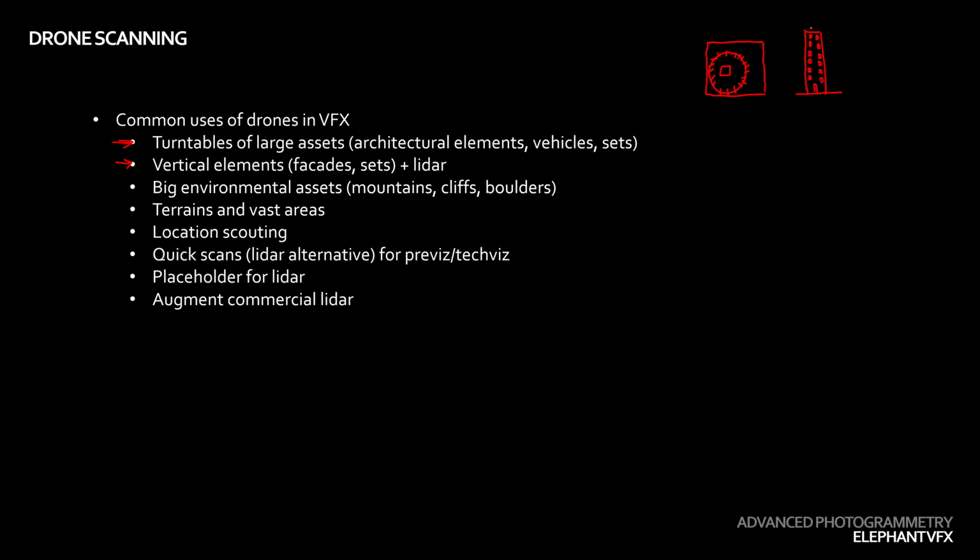I mean, if this was a 3-dimensional building, if this was the entire building and we would have access to all the angles, we would be doing a turntable scan, right? But especially with buildings, they are stuck to other buildings. So most of the time we cannot do a 360. So we would be doing a vertical, what we call a vertical scan. So basically flying the drone from top to bottom and scanning the building.